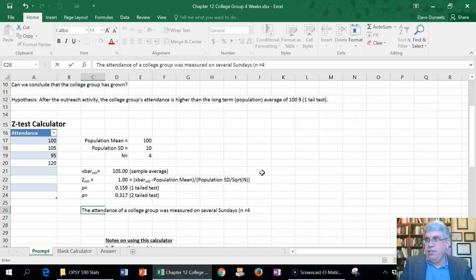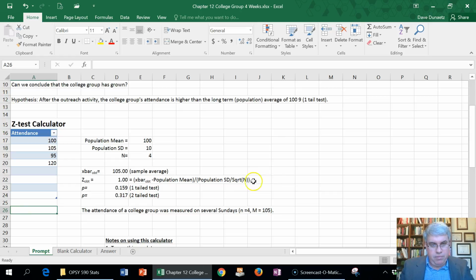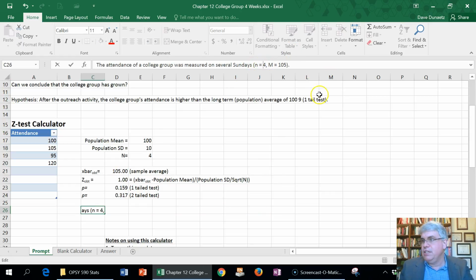We use a little n usually when we're writing up APA for sample sizes or a subsample. We could use a small or a capital N. And then we use a capital M for mean. Mean equals 105. You put a space before and after the equals sign. I didn't put the space after the equal sign here, so I'll put that there.